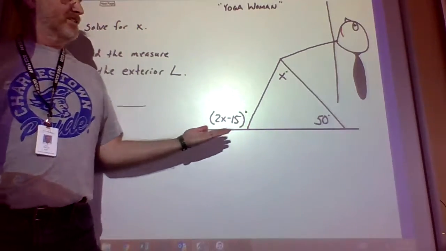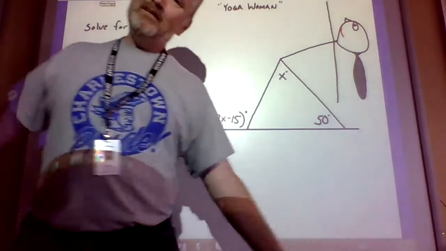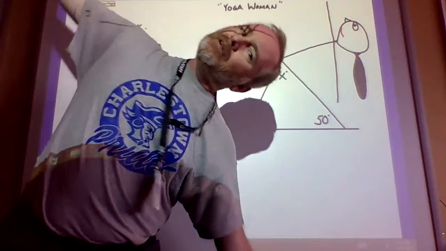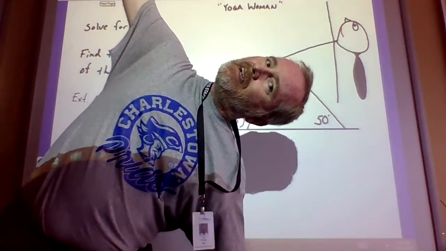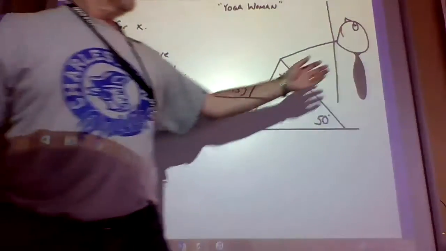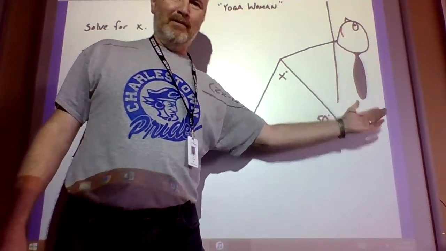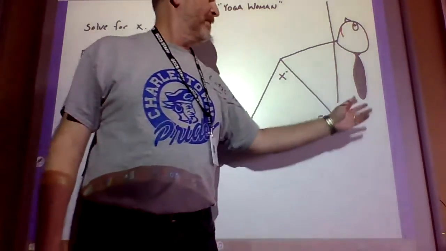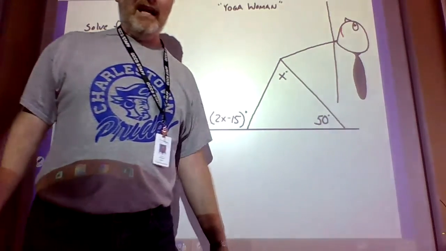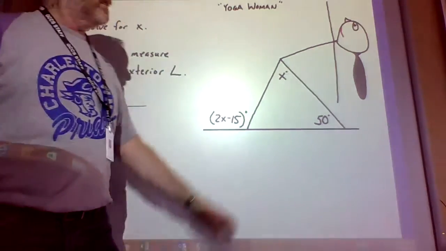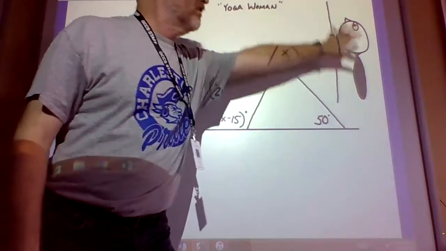This is a woman doing yoga. Let's see if I can imitate what she's doing. She's kind of doing like this, I think. Something like that. And this is her hair falling down. It's not a skillet handle. Somebody said skillet handle earlier today. Somebody says, why is there a magnifying glass there? No, that's yoga woman. And you don't need to draw her.